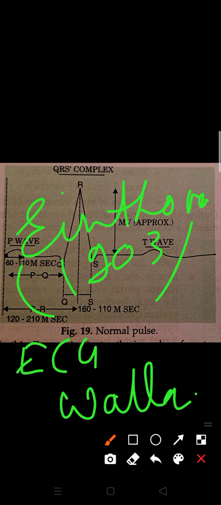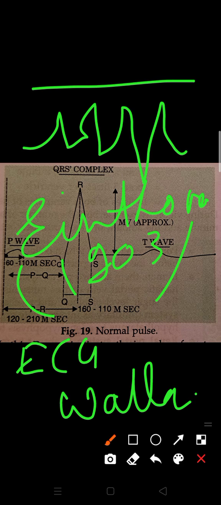Have you seen the beep-like structure on TV? That is an oscilloscope. ECG taken when the patient is lying down in a resting position is known as the resting ECG. And if you take the ECG just after exercise, it's known as the stress ECG.